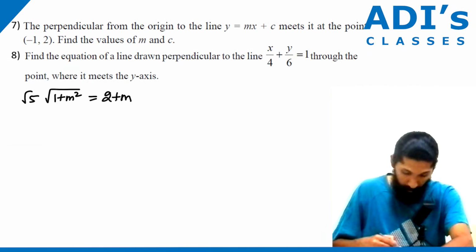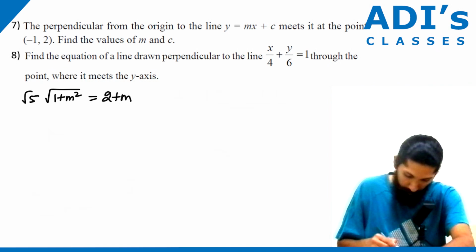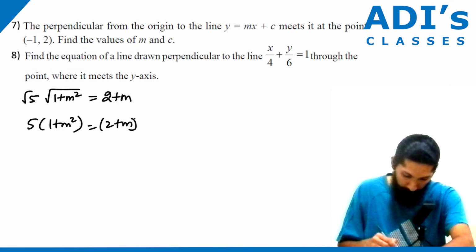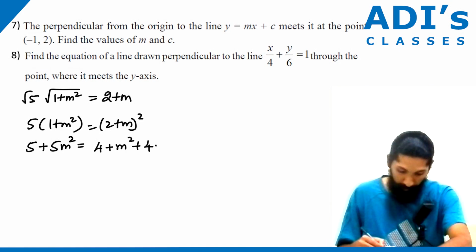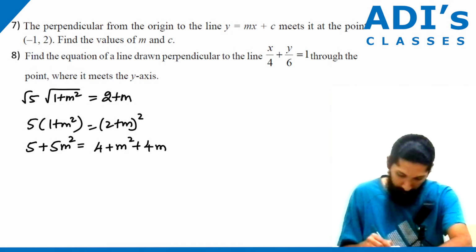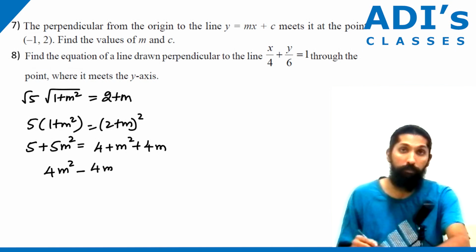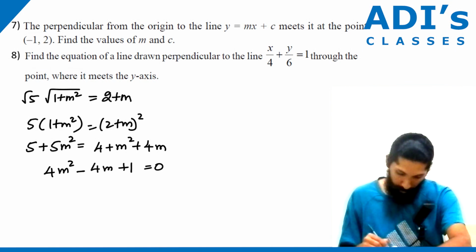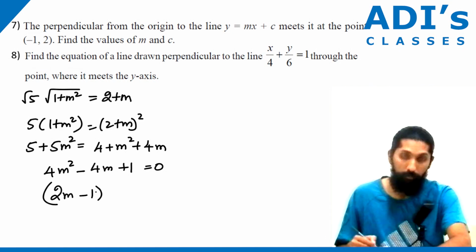If you square, you'll get 5 into 1 plus m square is equal to 2 plus m whole square. 5 plus 5m square is equal to 4 plus m square plus 4m. We need to simplify. So 4m square minus 4m plus 1 is equal to 0, which is nothing but 2m minus 1 whole square is equal to 0.